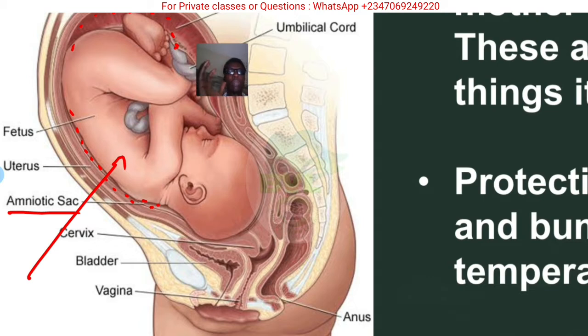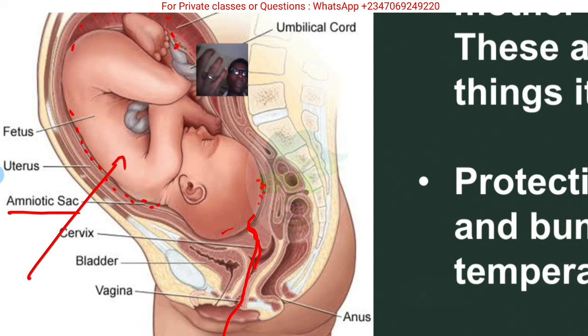So when the water breaks, the amniotic sac has opened up and the fluid flows through the cervix to the vagina and out of the woman's body. She literally sees that coming out. When that happens, the baby is really ready to come, except when some other things happen. But really, when the water breaks, it means the baby is ready to be born, so to say.